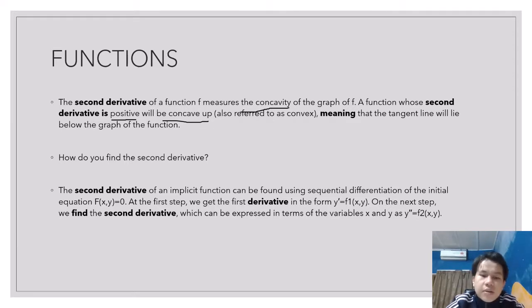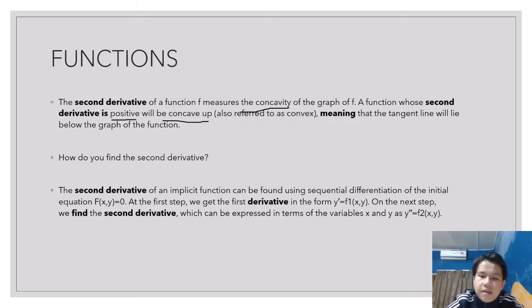So how do you find the second derivative? The second derivative of an implicit function can be found using sequential differentiation of the initial equation f(x, y) = 0.